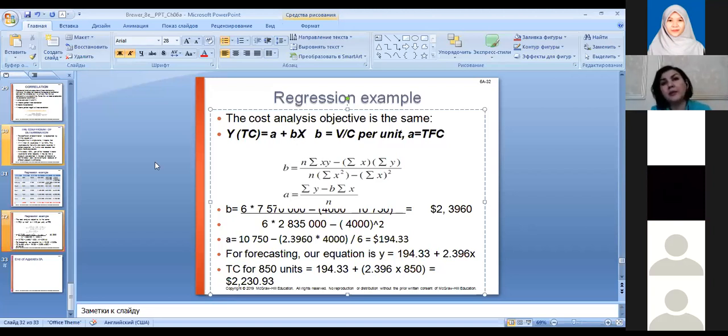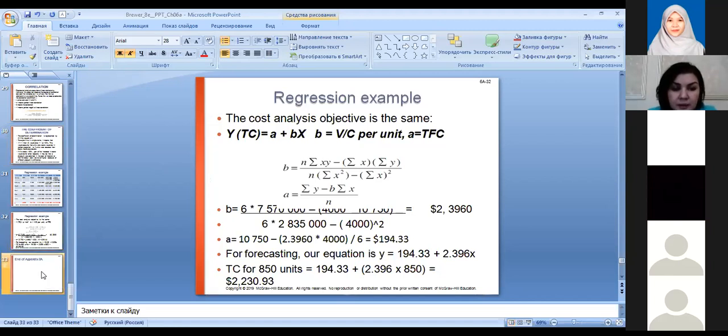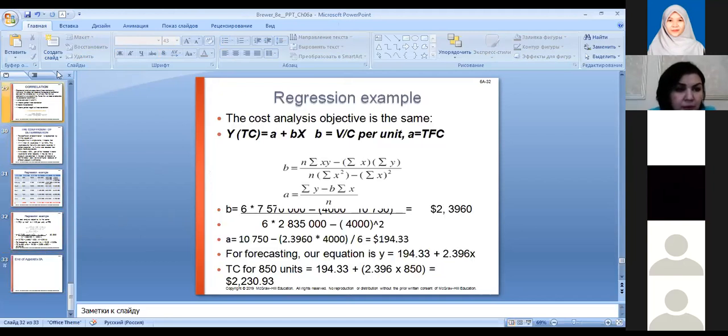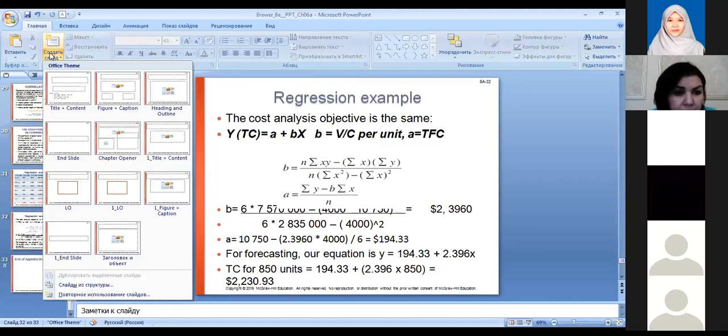So it simply means, for example, if we produce 1,000 units, and from 1,000 till 5,000 units, fixed cost will be the same. This is the relevant range. Okay, so I just need to add maybe one more slide.